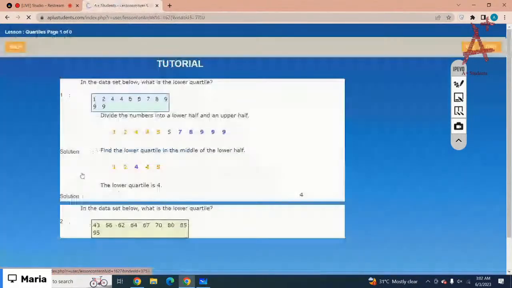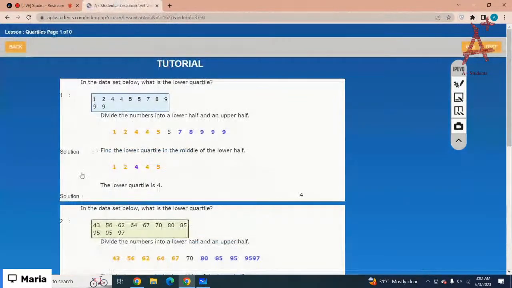Okay, in the data below, what is the lower quartile? So first let's just divide the data into a lower half and an upper half. For that, you need to find the median of the data. Median means the number that divides the whole data into two equal parts.